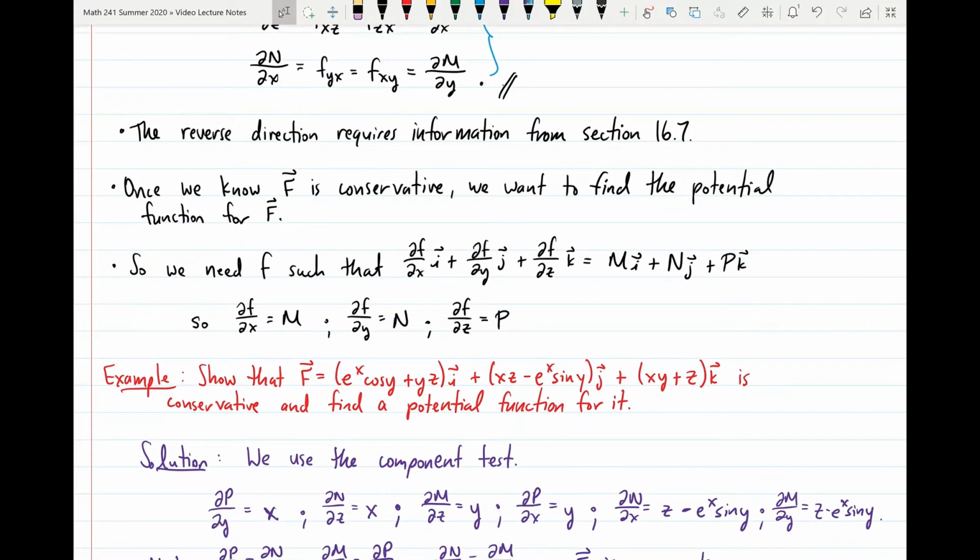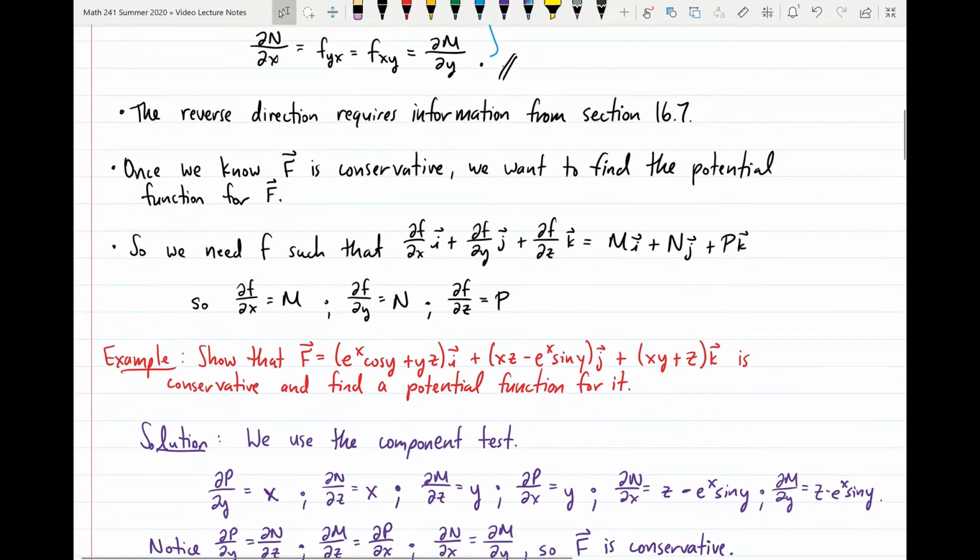And once we know that our vector field f is conservative, then the next step is to find a potential function for f, so some little f that's a scalar function, such that the vector field is equal to the gradient of f. So we need a little f such that the partial derivative with respect to x i plus partial y j plus partial z k is equal to our vector field given by Mi plus Nj plus Pk.